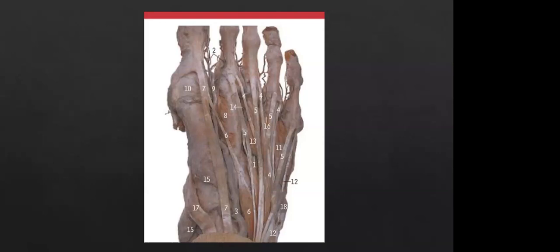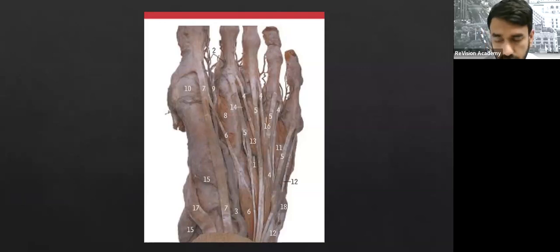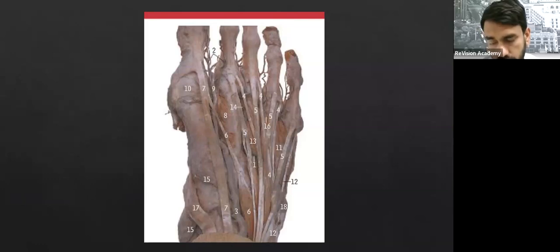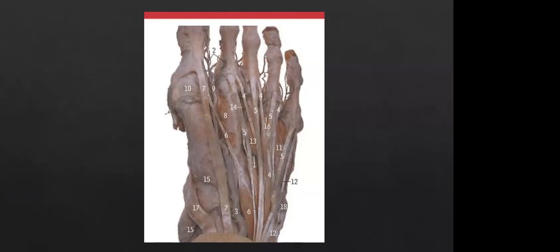It's the medial three cuneiform bones. And there is talus and calcaneum and navicular bone.